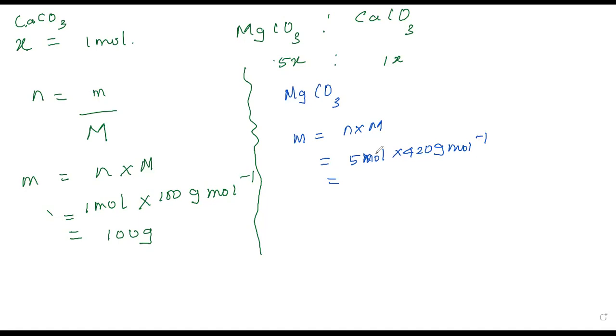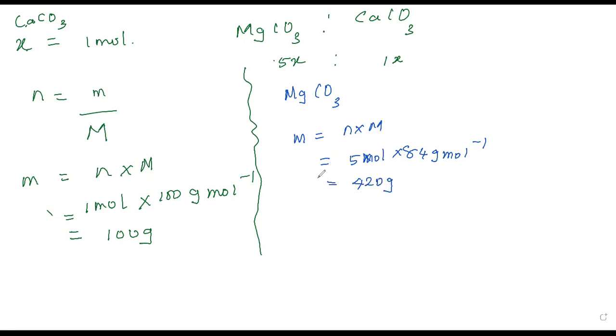I'm sorry, what is that molar mass? It is 84. Sorry. 84 gram mole minus 1. So you have found that is 420.